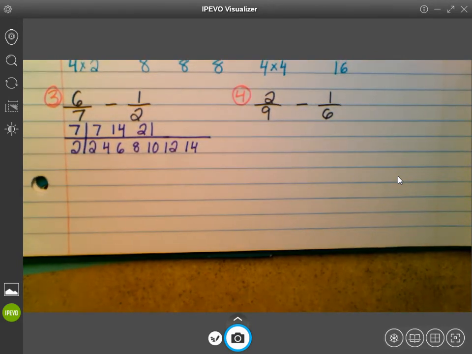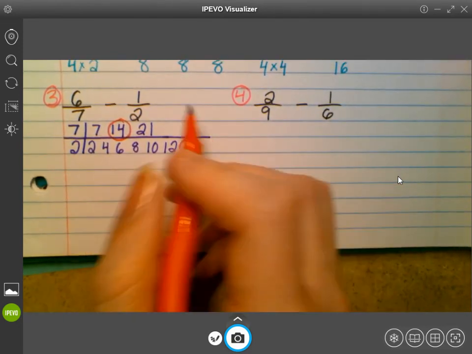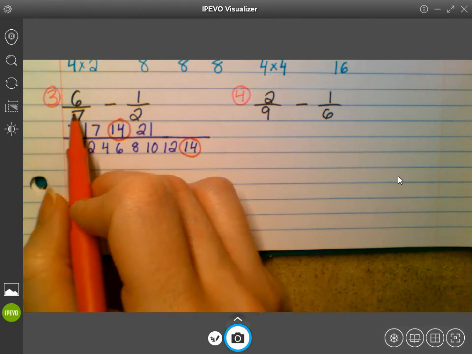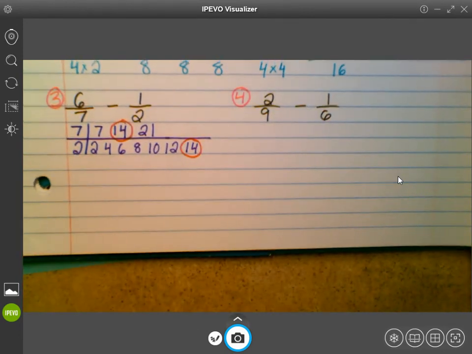How many of you got 14 as your least common denominator? Awesome, 5th grade. Now, do either of these already have 14 as a denominator? No, so I need to convert both of them.